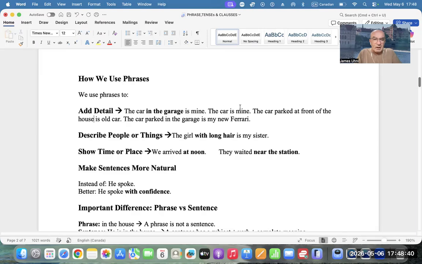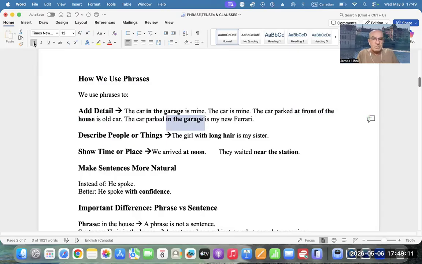So I will have the car parked at front of the house is a phrase. Okay, at front of the house is a phrase. It is additional detail to the sentence that I'm saying. The car parked in the garage is my new Ferrari.